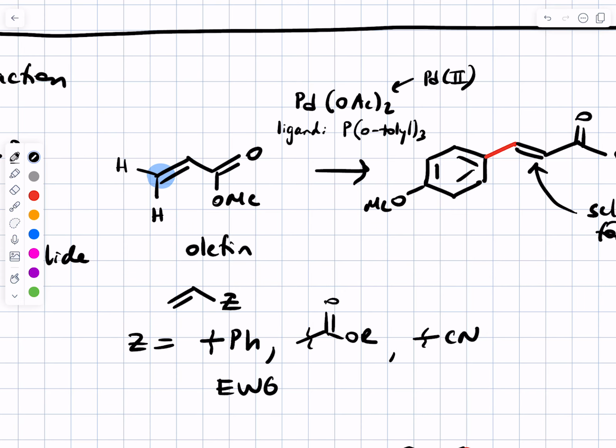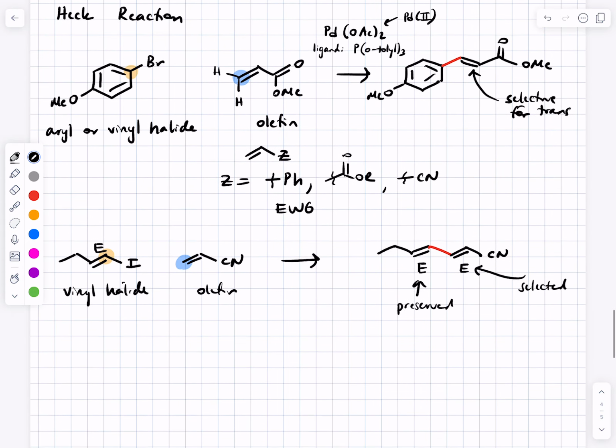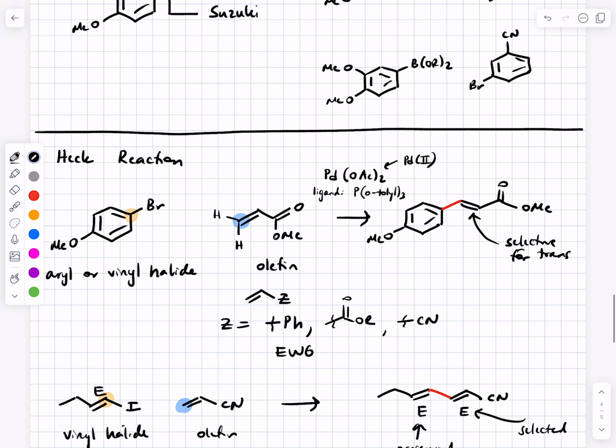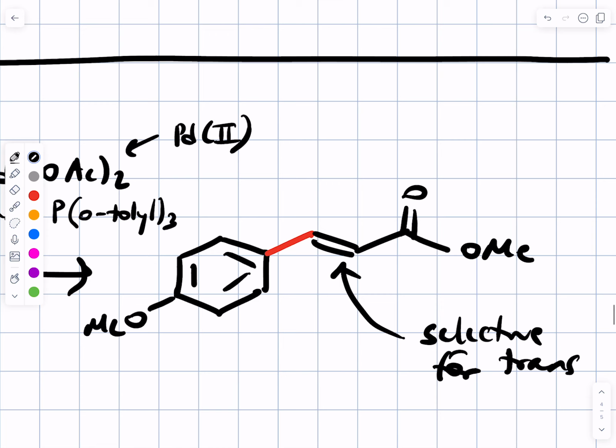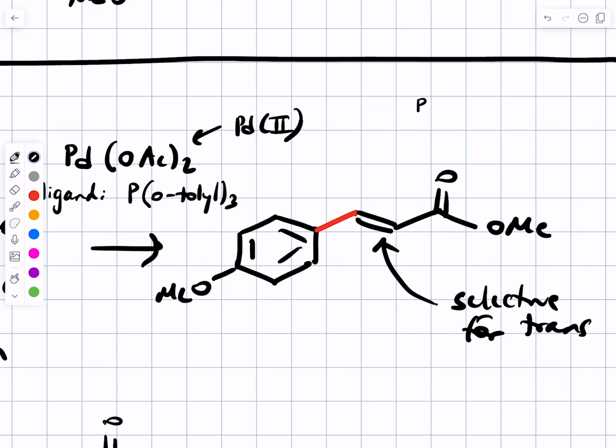I will draw for you what that means. Maybe the best place to do that is here. Tri-ortho-tolylphosphine involves a phosphine bonded to 3 benzene rings, where each of those benzene rings also has an ortho methyl group.